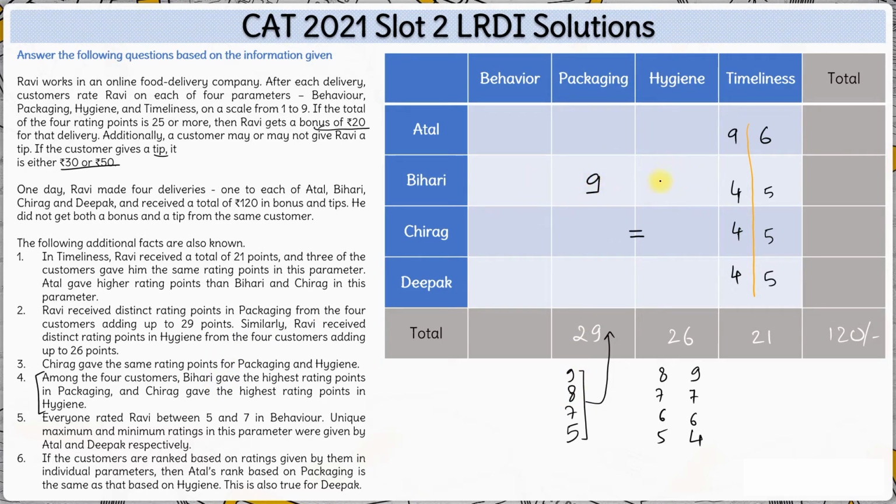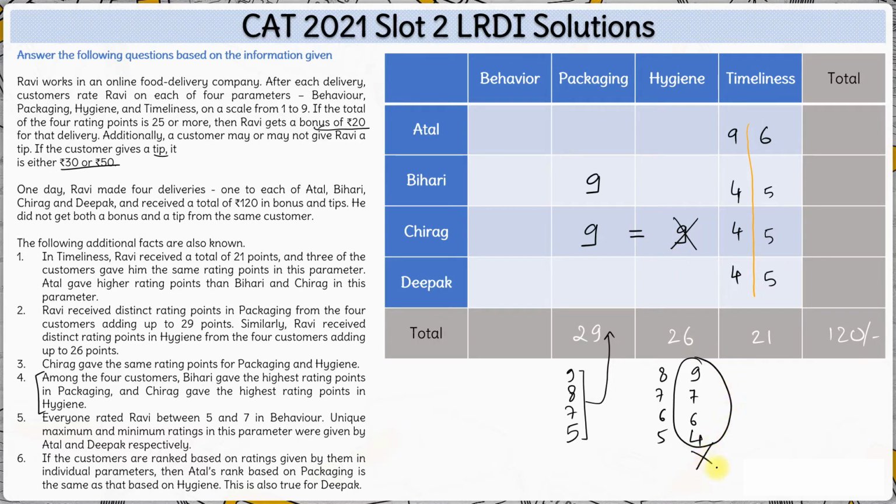Chirag gave the highest rating point in hygiene. Now if Chirag has to give the highest rating point in hygiene, that is 9, he has to give the same rating in packaging. But in that case, the ratings for packaging are not distinct. Hence, the rating for hygiene cannot be 9 by Chirag.